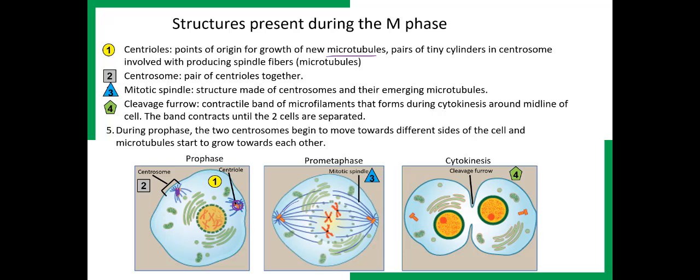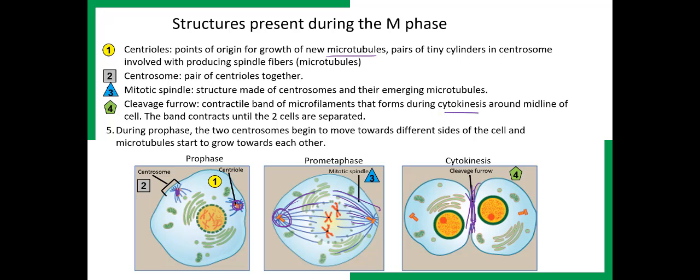You can see here the centrioles and centrosomes, and then the microtubules that make up the mitotic spindle. And then you've got the cleavage furrow. Over here, the cleavage furrow is a band of microfilaments that squeeze or contract the cell so that it splits in half during cytokinesis, right?